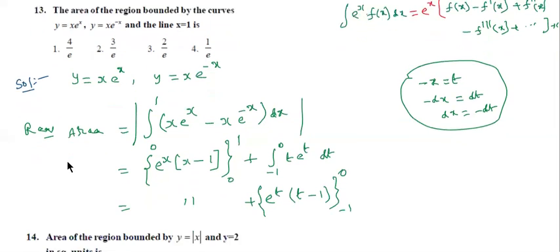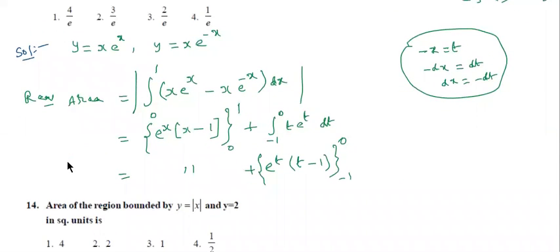Now substitute the upper limit in the first function. What happened? E power 1, 1 minus 1, totally 0, minus. Lower limit, e power 0 is 1, 0 minus 1, minus 1, overall you will get plus 1.